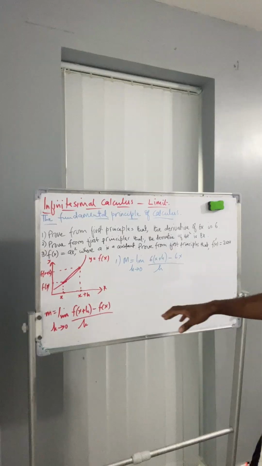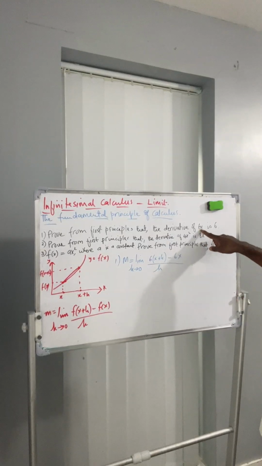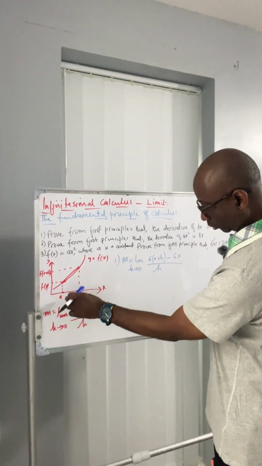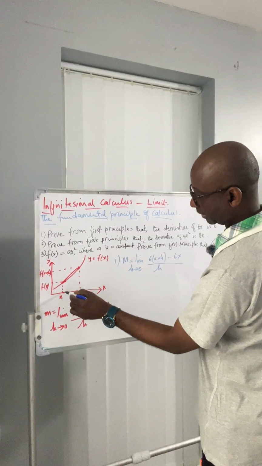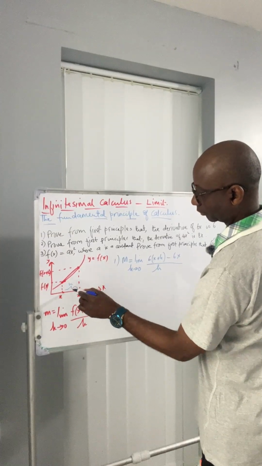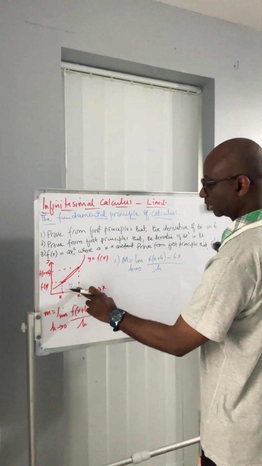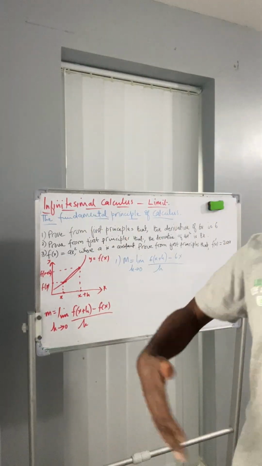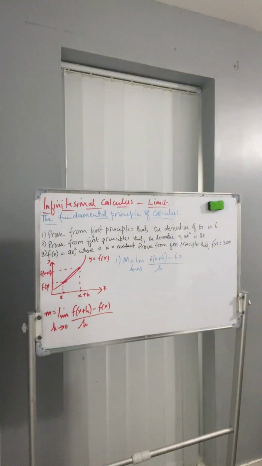f of x plus h, because the x here has moved a little bit, from here to here. This distance is what is called h. That is the small movement, because in calculus we deal with the infinitesimal, which means very small numbers.